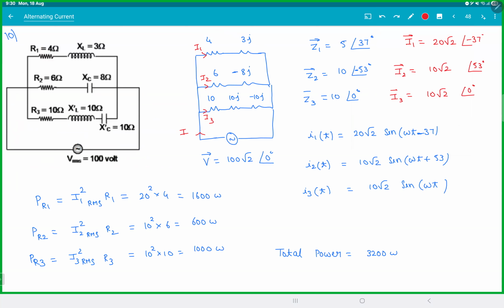It doesn't look that great. I'm not sure though. We need to multiply all that and get Z equivalent in the form of A plus BJ. Let's get the current, everyone. Solve. How do you find I bar? I bar is I1 bar plus I2 bar plus I3 bar. Phasors. Let's get that. I'll give you a minute or two.